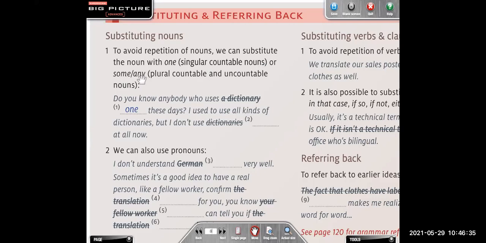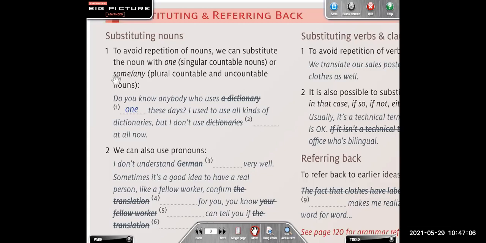Remember that we use some for affirmative sentences. Take notes. Some for affirmative sentences, and we use any for questions and negative sentences. But there is an exception with some.